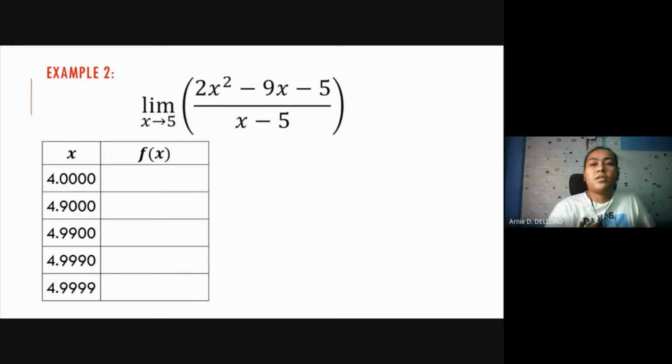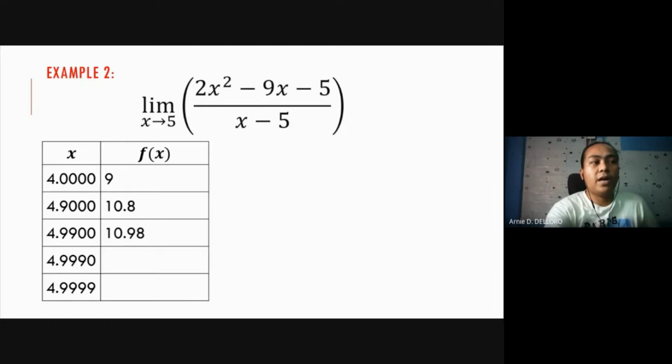Okay? Let us consider first these values. These are numbers less than 5. So if x is equal to 4, the value of the function is equal to 9. If x is equal to 4.9, the value of the function is 10.8.